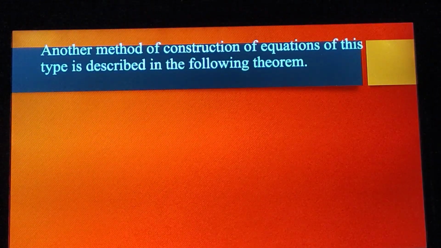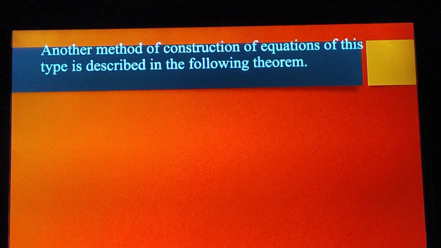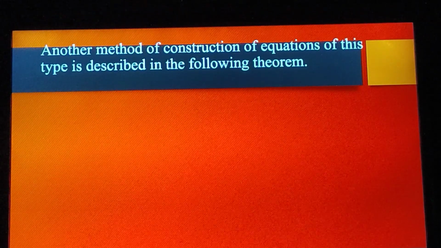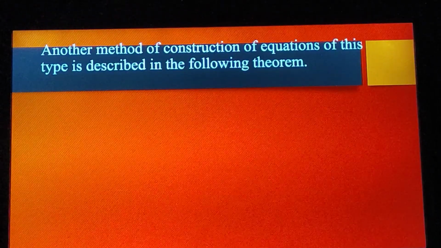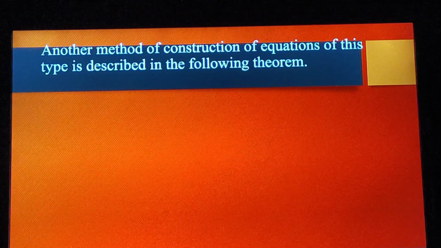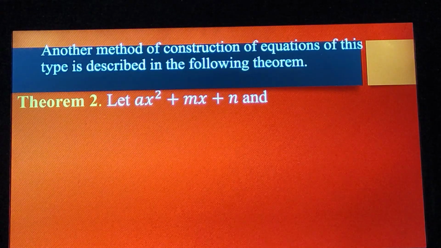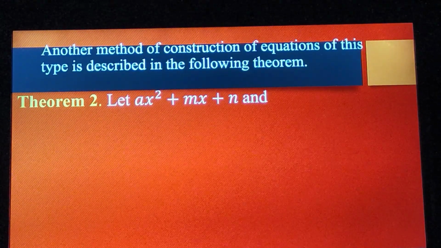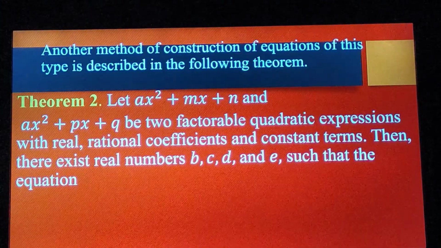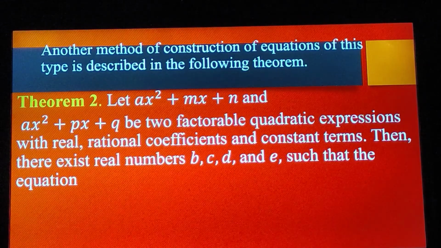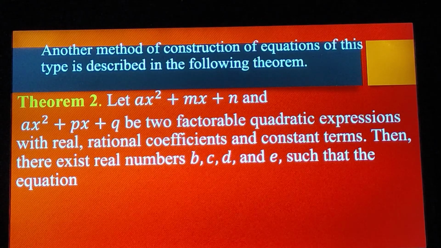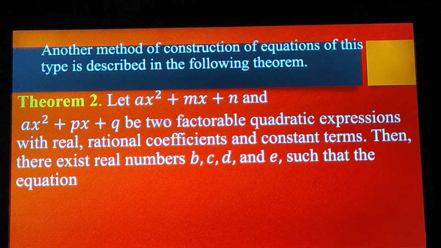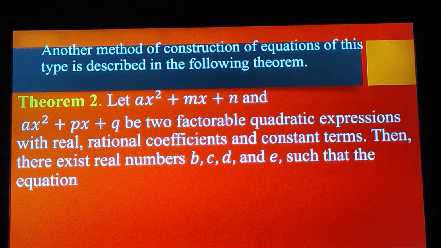Another method of construction of this type is described in the following theorem. Let ax squared plus mx plus n and ax squared plus px plus q be two factorable quadratic expressions with real rational coefficients and constant terms.